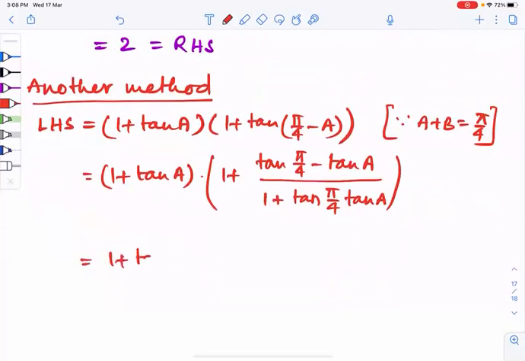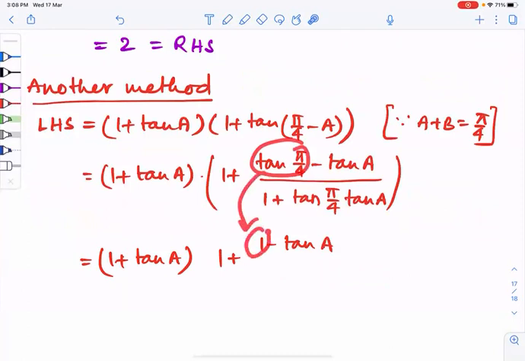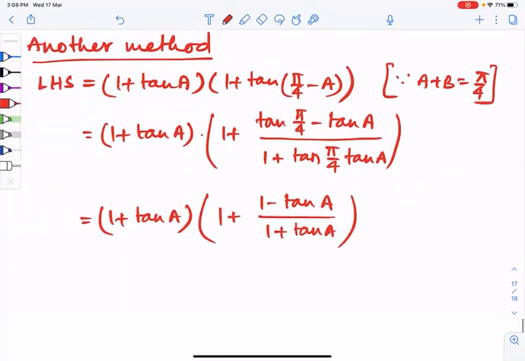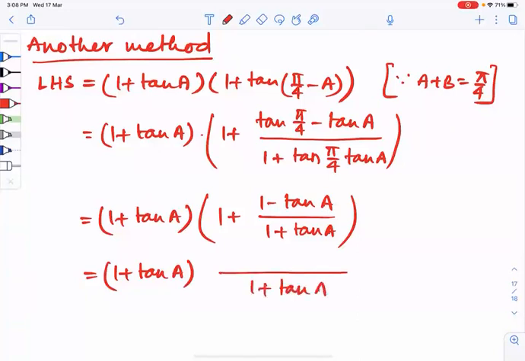That is 1 plus tan A into 1 plus 1 minus tan A, because tan pi by 4 is equal to 1. So I can use that. Denominator is also 1 plus tan A. And I can now simplify the terms in the bracket here as 1 plus tan A is the LCM.